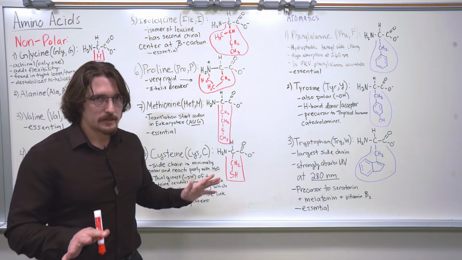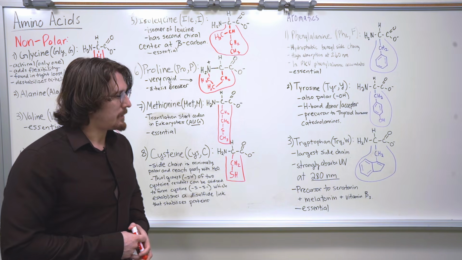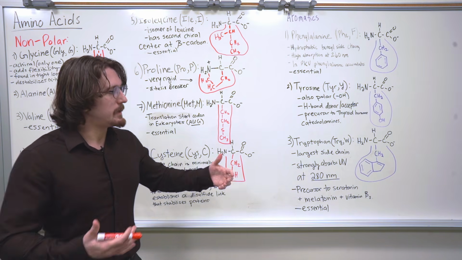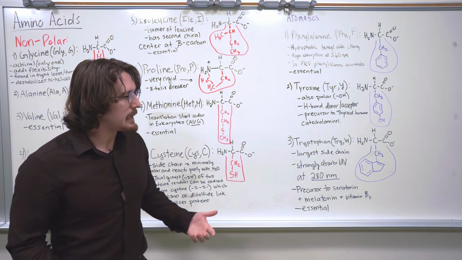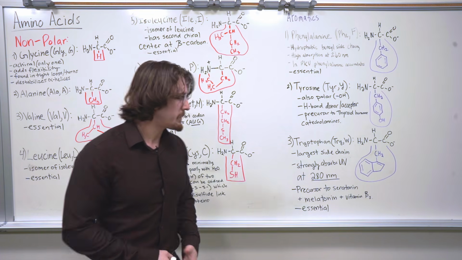And that is an important fact to remember for the MCAT because there can be experimental passages about different experiments that they're doing, that they're proposing, where part of it is basically detecting proteins or amino acids using this wavelength of light. And you got to realize it's because of tryptophan, okay?